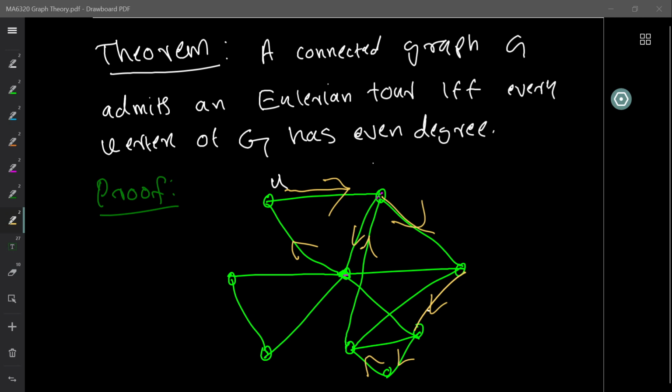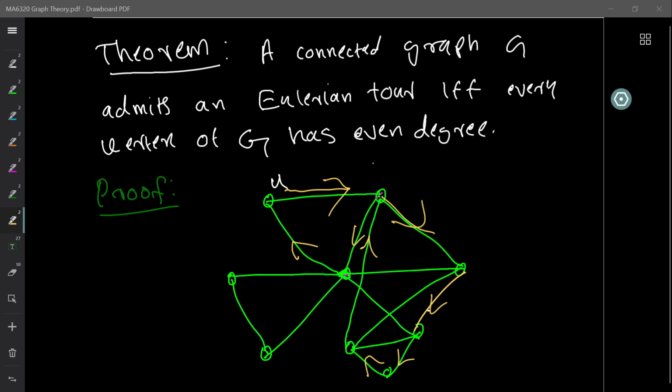But now we have to combine these two to get an Eulerian circuit for the entire graph. So you start from your initial vertex, go through this, and anytime you reach a vertex which is incident to a connected component in the graph obtained by removing the first trail, you do a detour and complete the Eulerian tour in that part first.